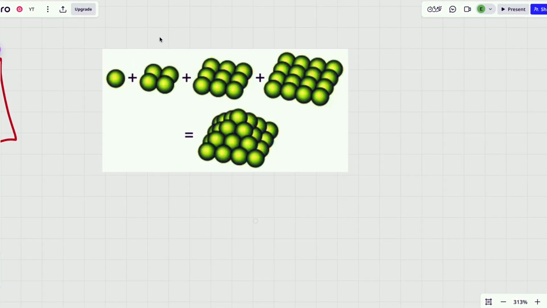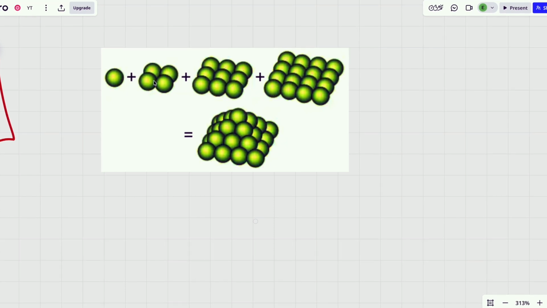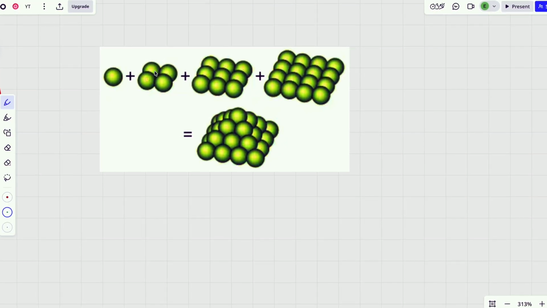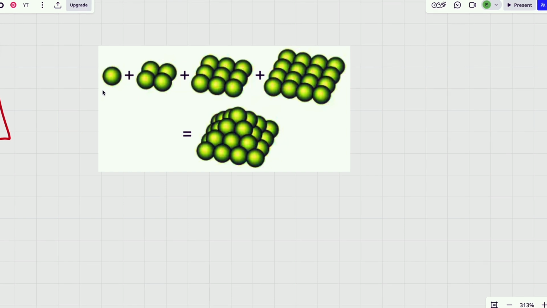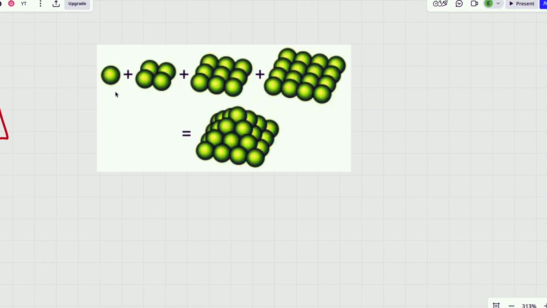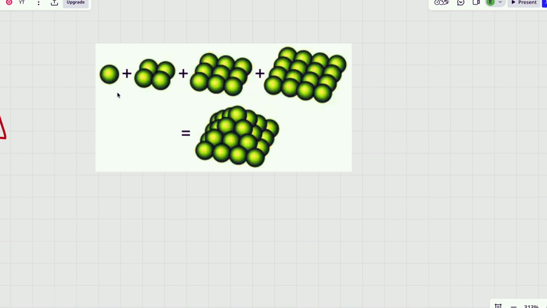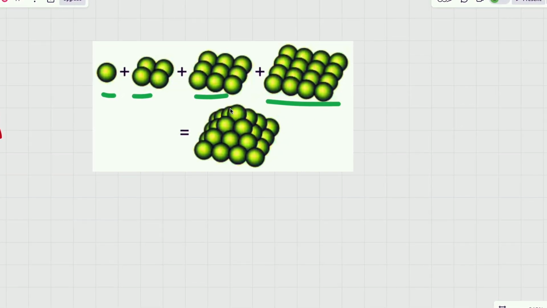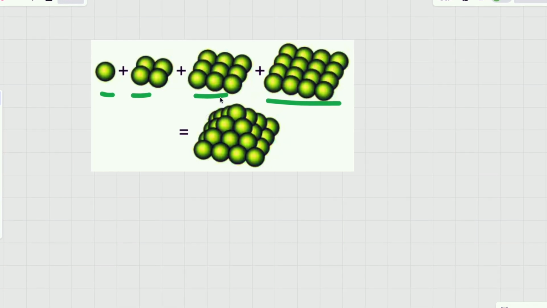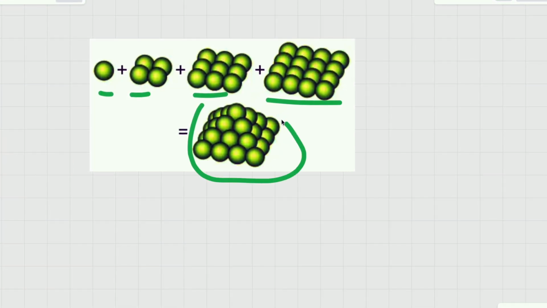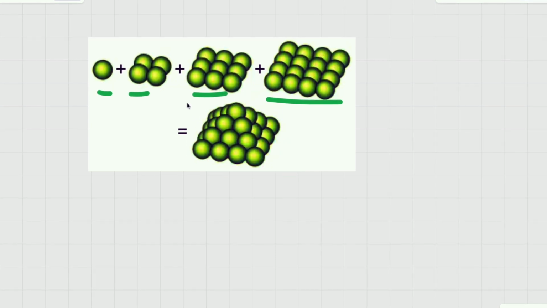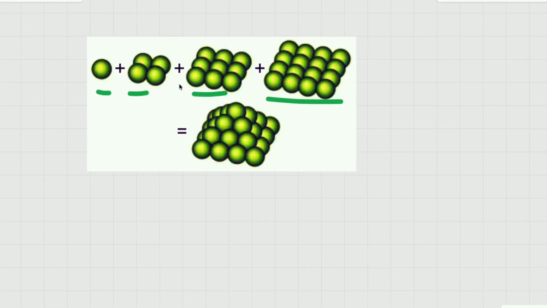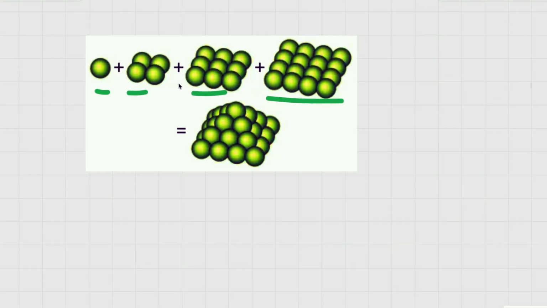You see, if you make these layers out of 3D spheres, layers in the shape of squares, each layer containing a square number of spheres, so 1, 4, 9, 16, it is easy to see that you can stack these on top of each other and make a pyramid. I don't know if you've ever had a toy, perhaps, that's made up of lots of little spherical magnets, but I think you might know what I'm talking about.